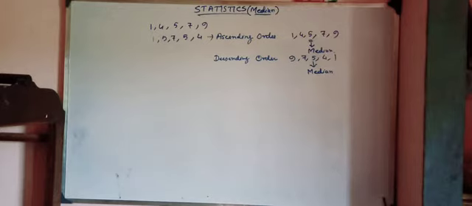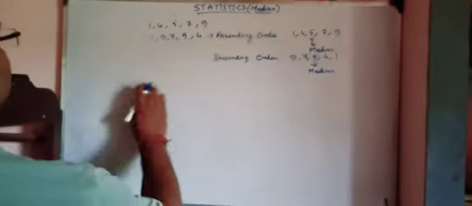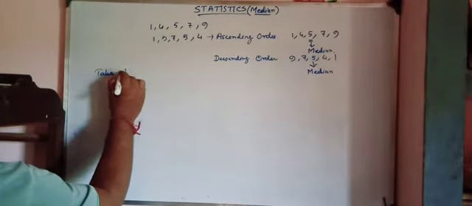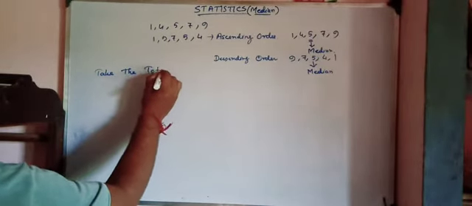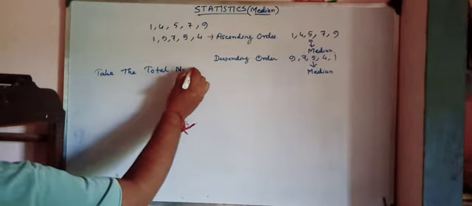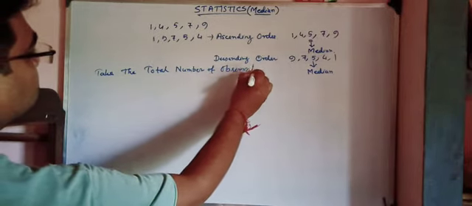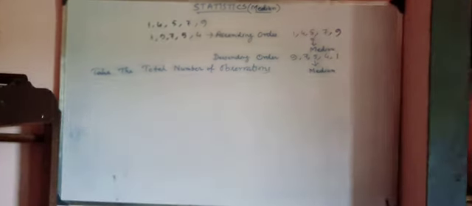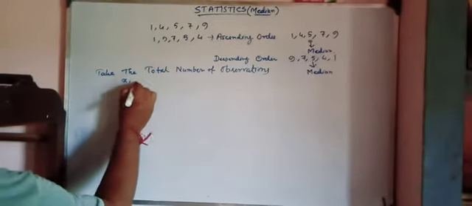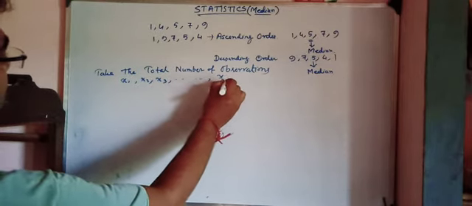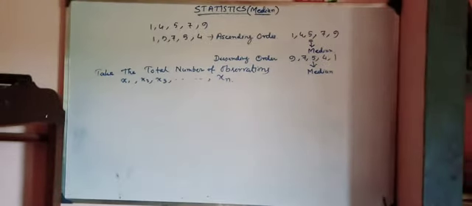First we take the total number of observations. We are taking x1, x2, x3, ..., xn. First we have to arrange this in ascending or descending order.